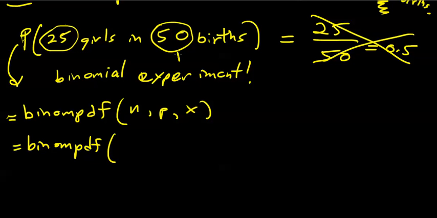We've got 50 trials, 50 births in this experiment. Again, if we're assuming boy and girl are equally likely, we're looking for 25 girls, so we're calling girl a success. Right? And because boys and girls are equally likely, we'll set that P at 0.5, and you're looking for 25 successes here.